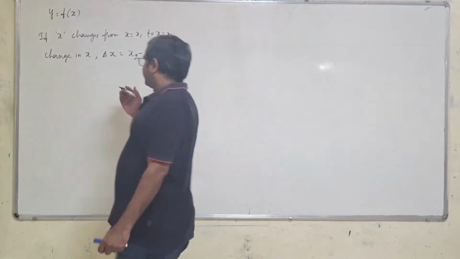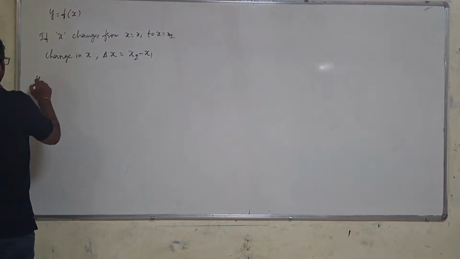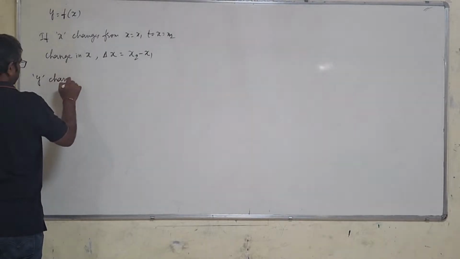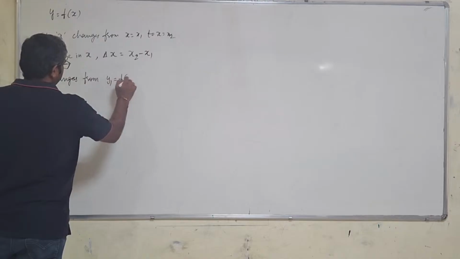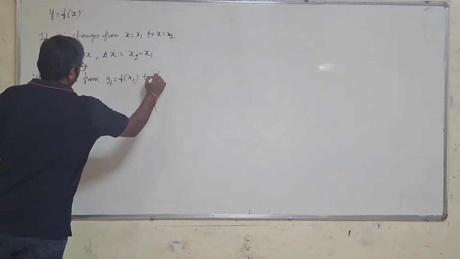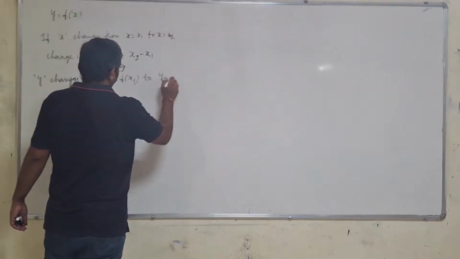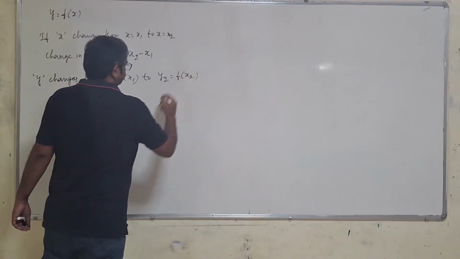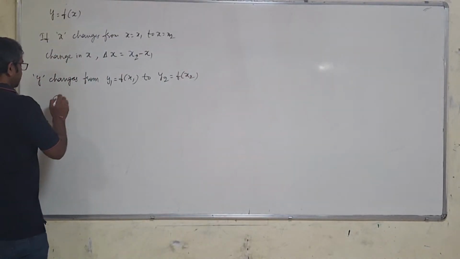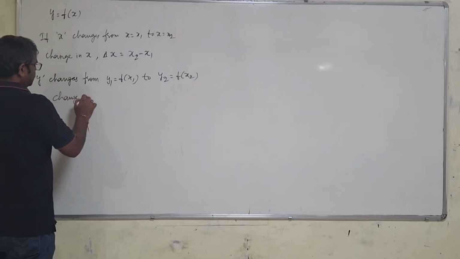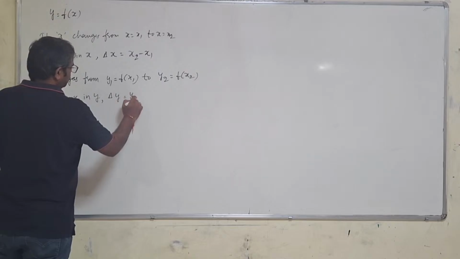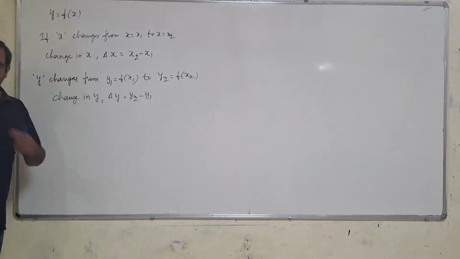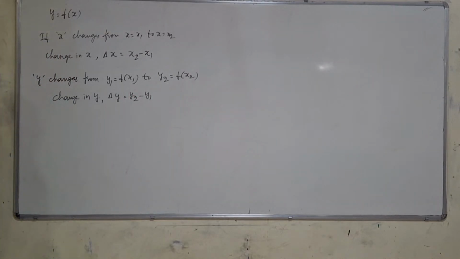So when x changes from x1 to x2, y changes from y1 is equal to f of x1 to y2 is equal to f of x2. So what is the change in y? Change in y is delta y is equal to y2 minus y1.